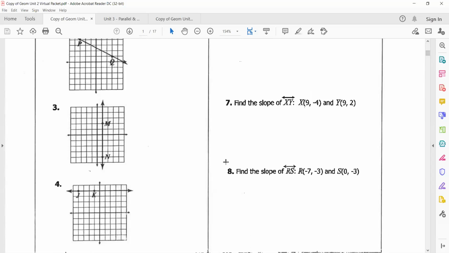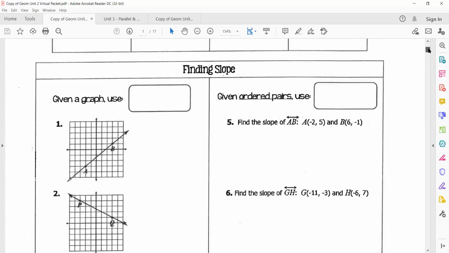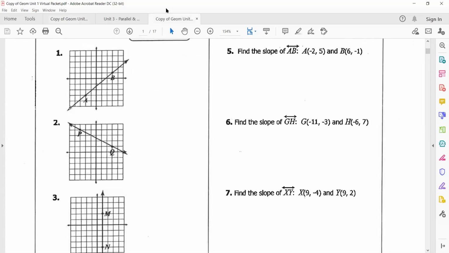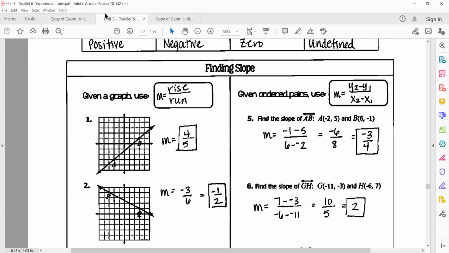So what I'd like to do is take a minute and everybody work on problem number 8. And in order to do problem number 8, you're going to have to use that y2 minus y1. It's this formula right here.